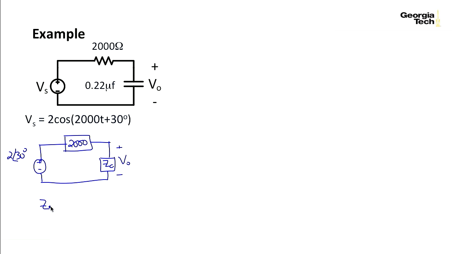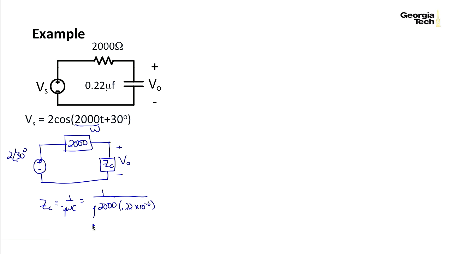Z sub C is equal to 1 over j omega C, which is 1 over j. Omega is right here, is 2000. And C is 0.22 times 10 to the minus 6.